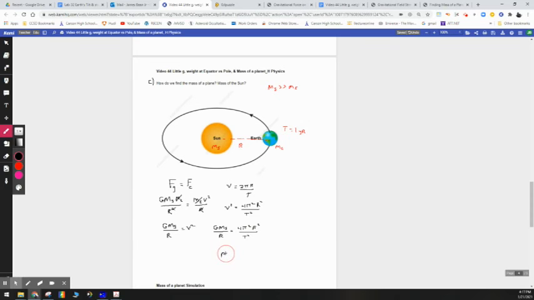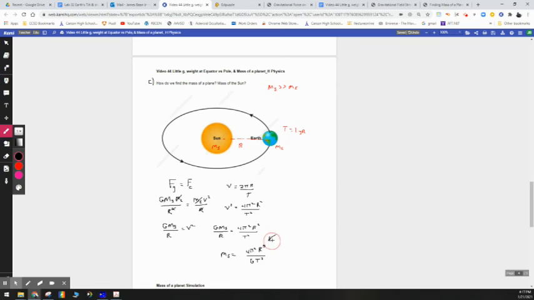So the mass of the Sun is going to equal, and I have to be very careful here, 4 pi squared R cubed, divided by G T squared.